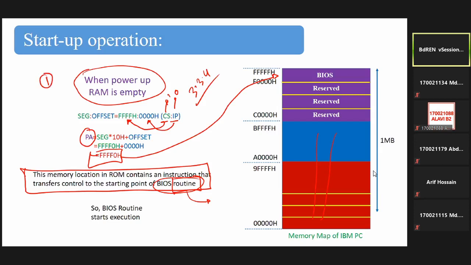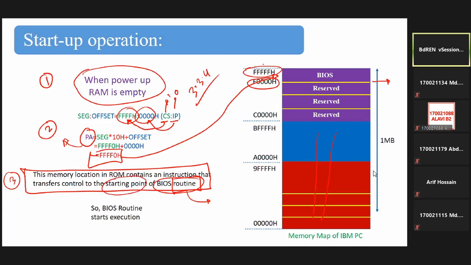First, when you power up, the RAM is empty, but the ROM has the previous contents, because that will not be deleted. Second, your CS and IP will have these values, and these values give the physical address. Third, this physical address has an instruction that transfers the control to the starting point of the BIOS. The BIOS in the ROM is fixed: it starts from F0000 and ends at FFFFF, the physical address.